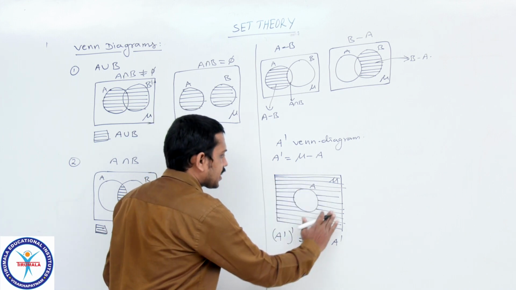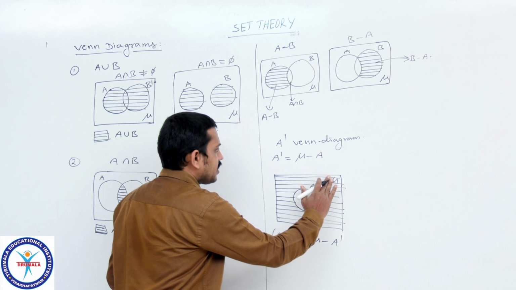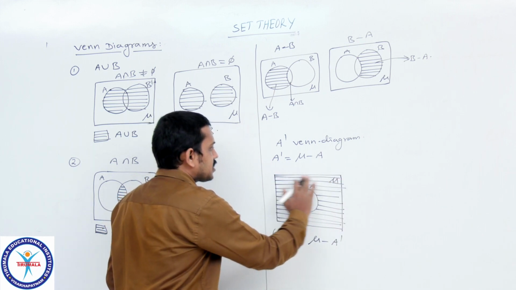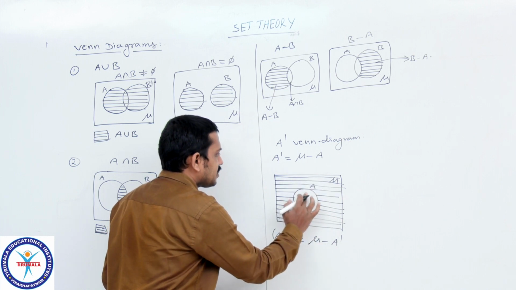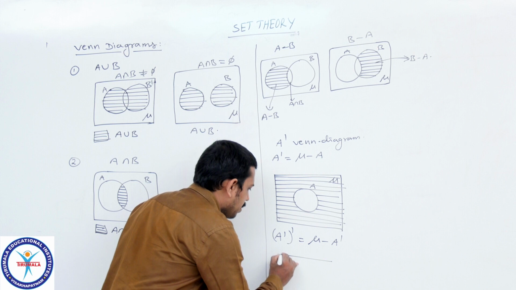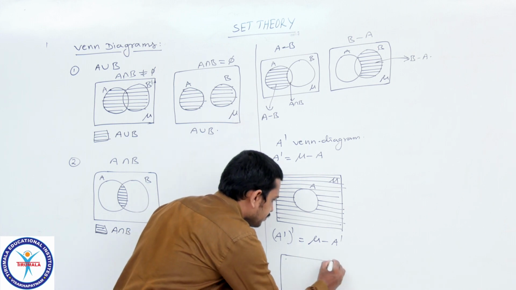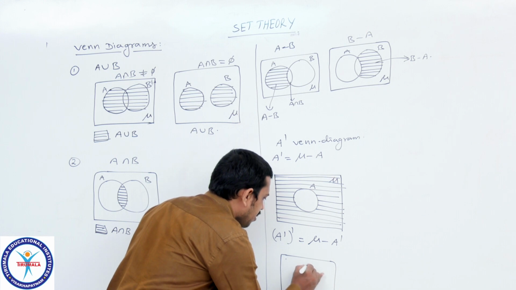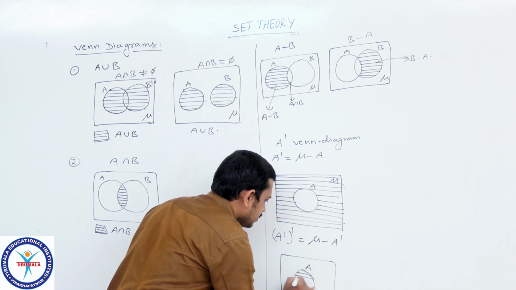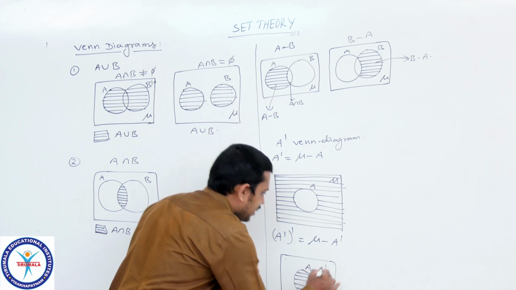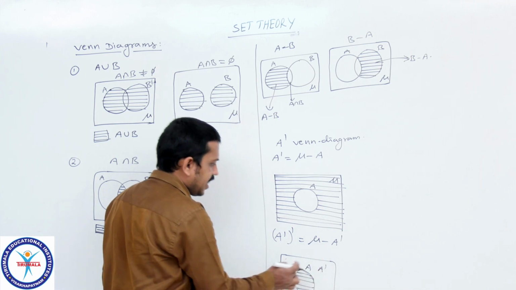We have to exclude this region and write the region of the universal set, the rectangular region, which does not belong to this shaded region, means this region. So, therefore, A complement whole complement is equal to the region of A. This is the region, means here what is this region? A complement region, and what is this A?